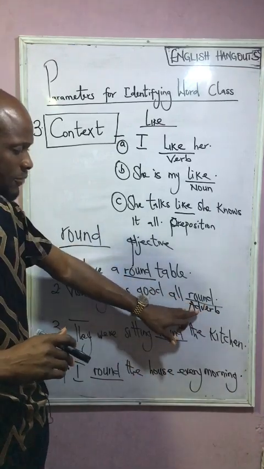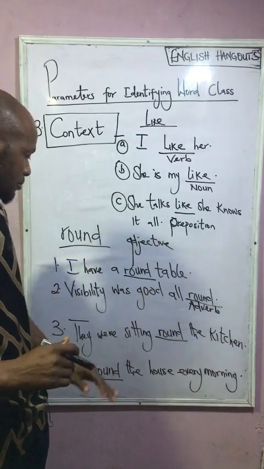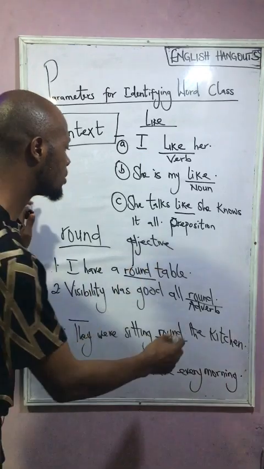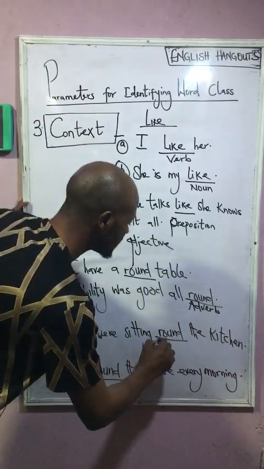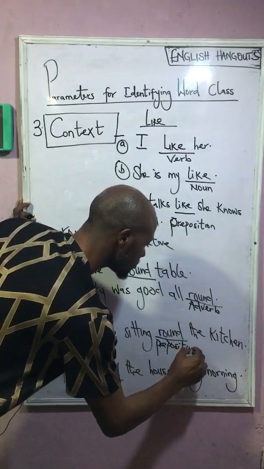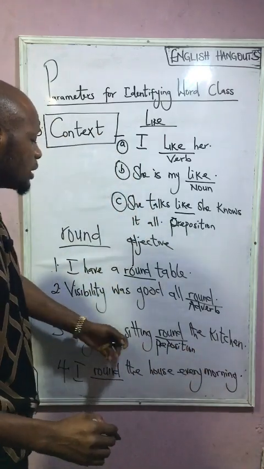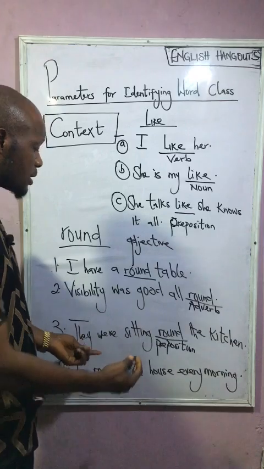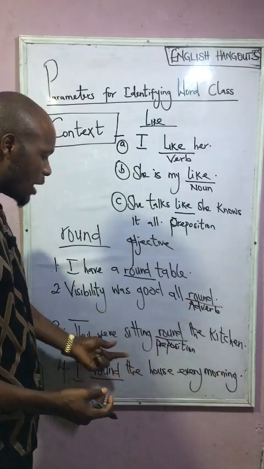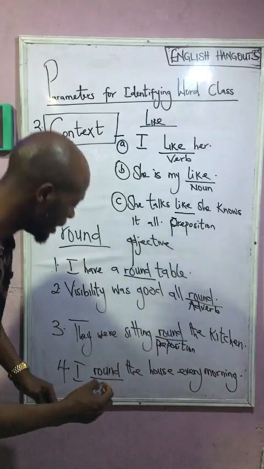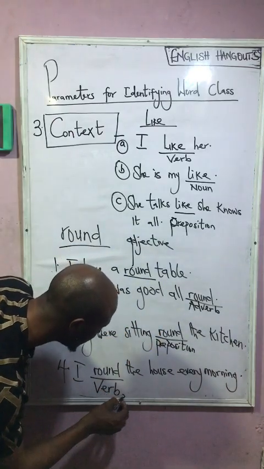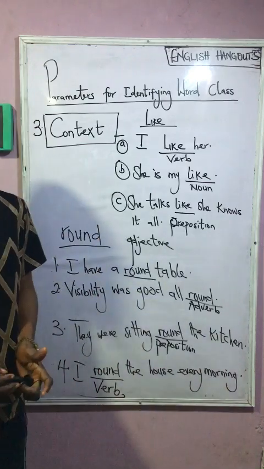They were sitting round the table. The round here is functioning as a preposition. It is showing the relationship between these grammatical units. And we have I round the house every morning. The round here is performing an action, which qualifies it as a verb.